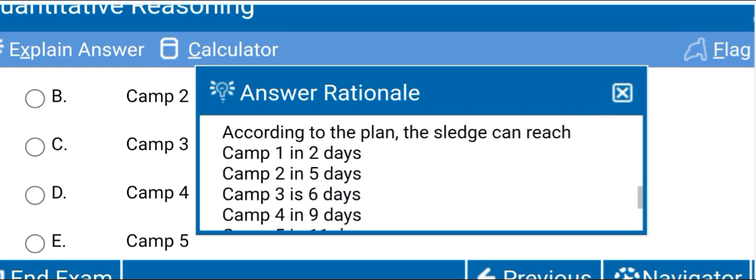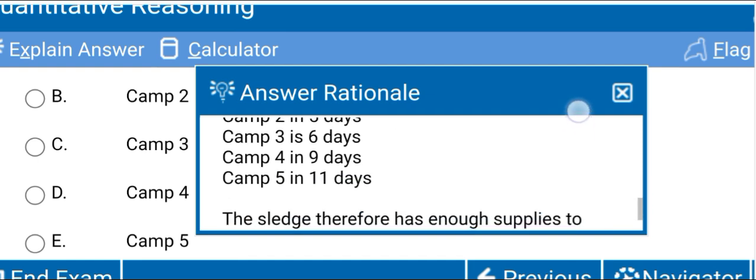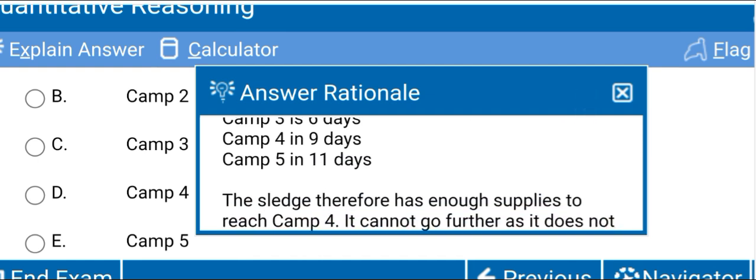According to the plan, the sledge can reach Camp 1 in 2 days, Camp 2 in 5 days, Camp 3 in 6 days, Camp 4 in 9 days, and Camp 5 in 11 days. The sledge therefore has enough supplies to reach Camp 4.